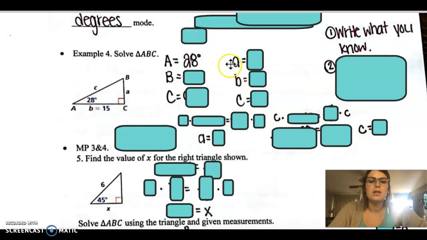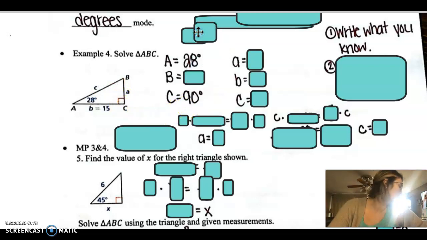Now if you notice, the sides are directly across from the angles they represent. So side a is directly across from angle A, side b is directly across from angle B, and side c is directly across from angle C. You'll also notice that C is always 90 degrees for the ones that we're looking at.